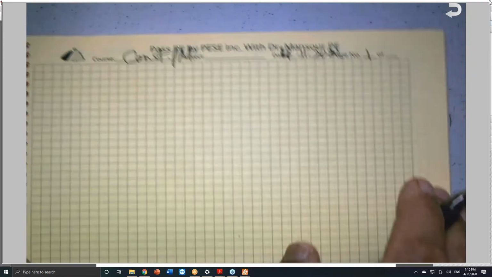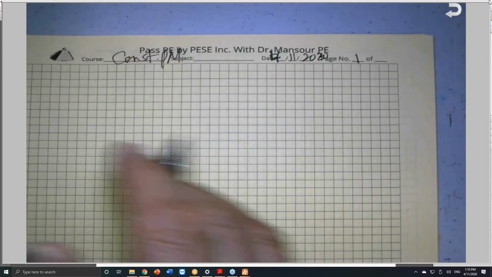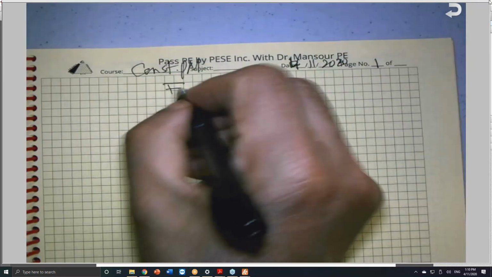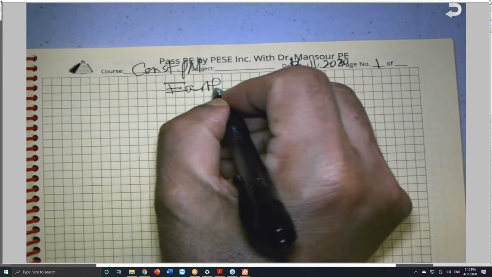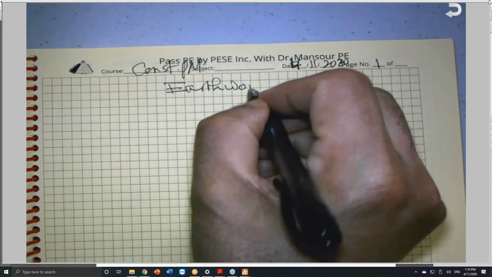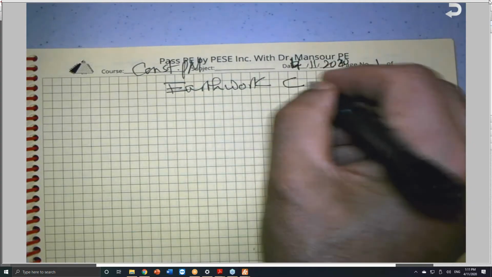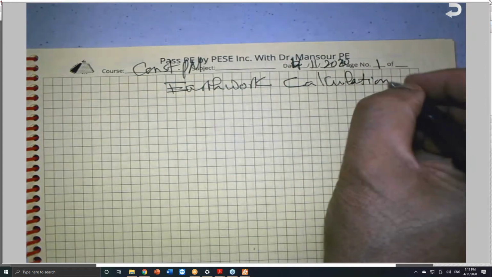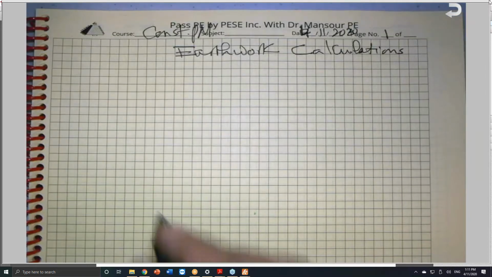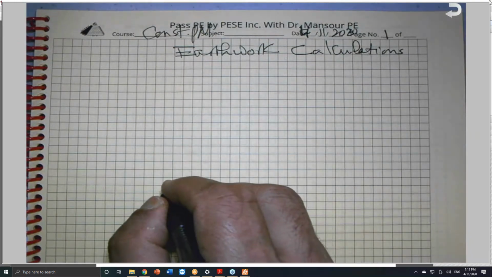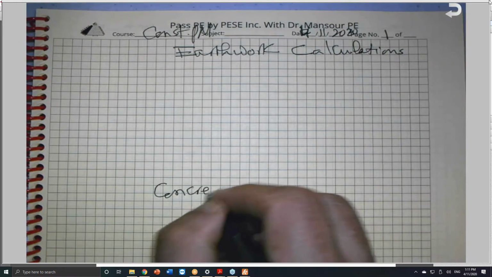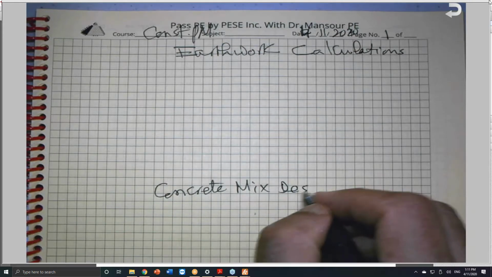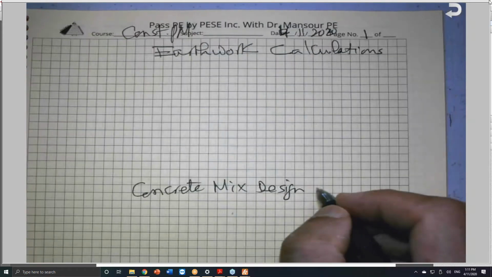So the 2 figures I need you to be aware of: one is related to earthwork calculations, and one is related to concrete mix design calculations.